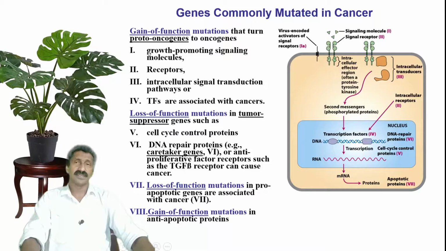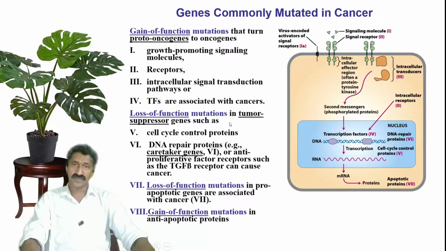You can see growth promoting signaling molecules. So signaling molecules can be affected by gain of function mutations. Receptors, the second stage, can be affected by gain of function mutation. Intracellular signal transducers can be affected, or transcription factors associated with cancers. So all these four stages can be affected by gain of function mutations.